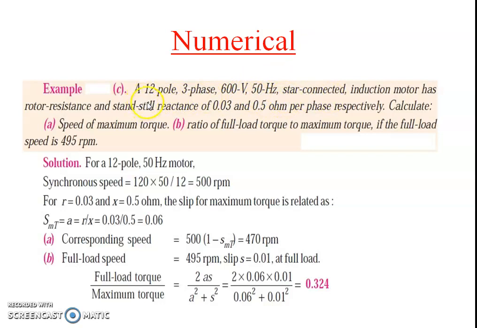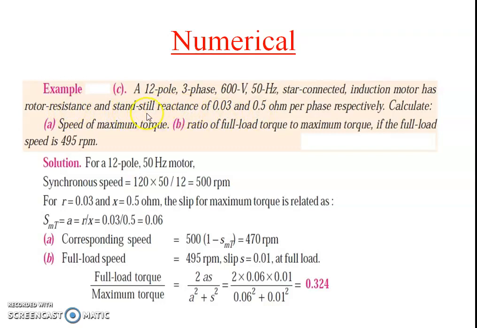They have given in the example that the number of poles is 12, 3-phase 600 volt 50 hertz star connected induction motor. Again they have given the rotor resistance and standstill reactance. The rotor resistance R2 is 0.03 ohm, as well as the standstill reactance.